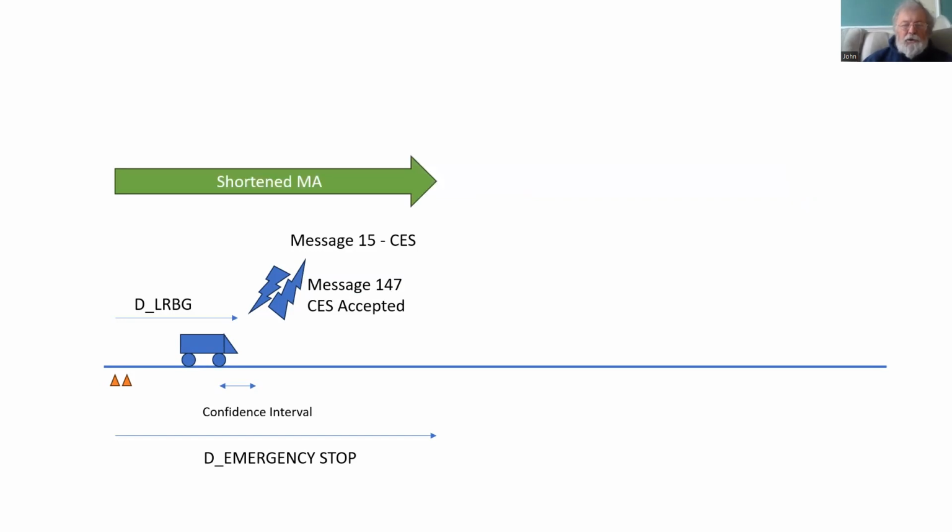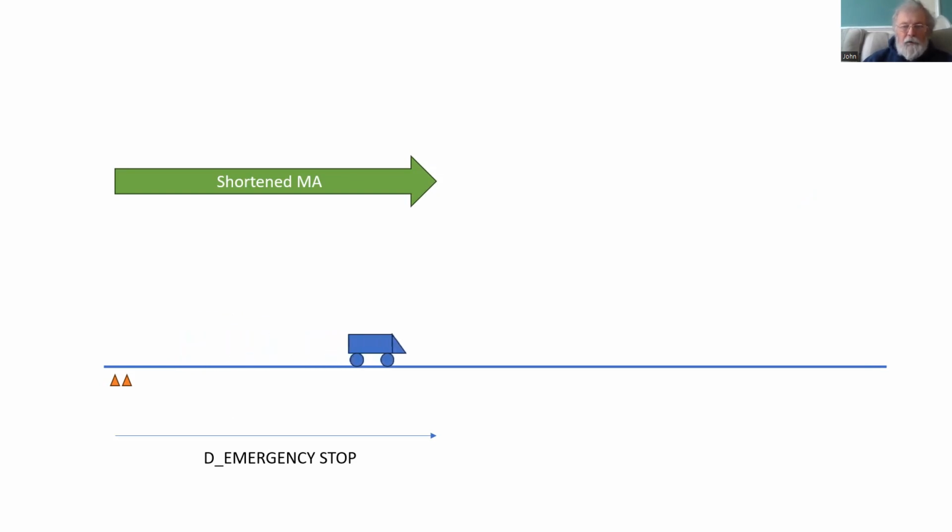The movement authority is shortened and the train can proceed as far as the end of the new movement authority. If, however, it exceeds that new movement authority, it will go into trip. So it will depend where exactly the train is when the emergency stop message is received as to whether a trip occurs or not.